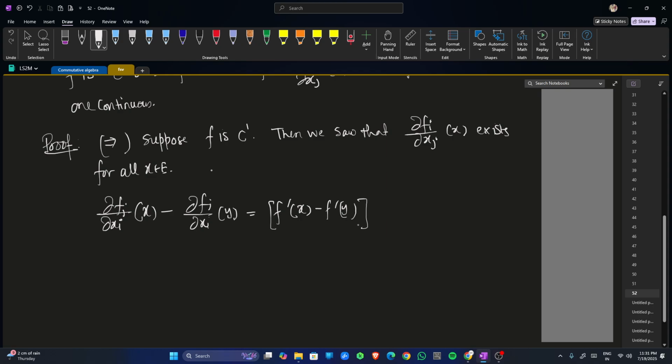If you apply it on u_i, you get this, right? Yes. Then take the inner product with e_j.